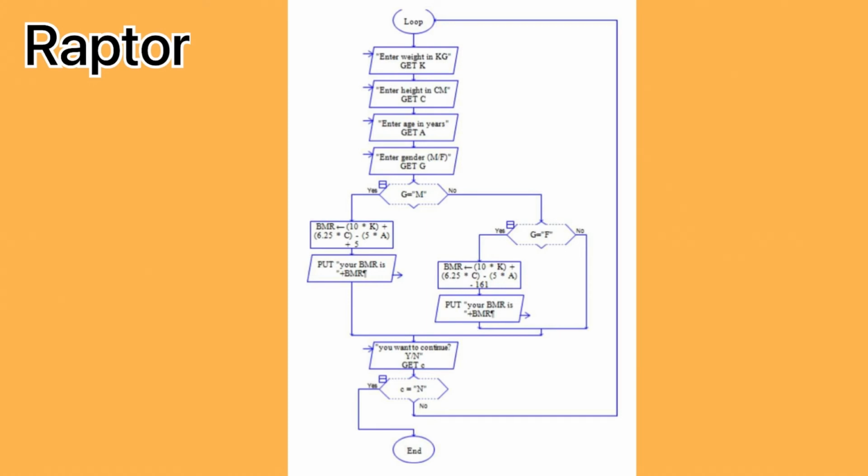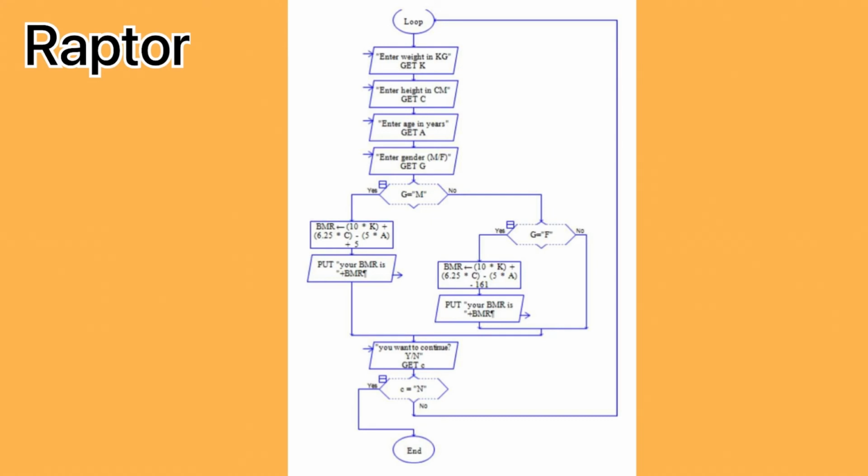So then it goes to the selections. If G equals M, then it will calculate for male by using the formula in the process box.